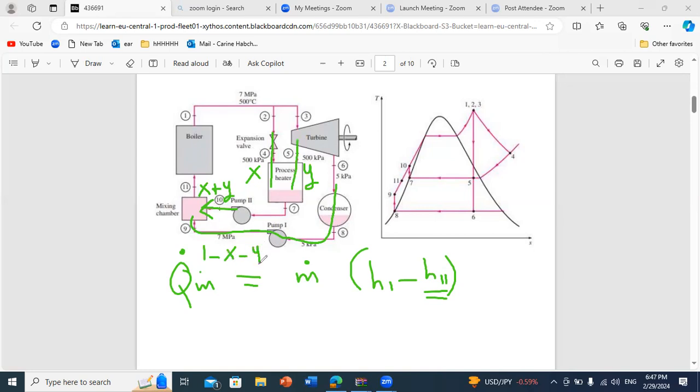Now, what will happen in the mixing chamber is very similar to the process heater. The only difference is that in the process heater you have heat extraction. When you mix 4 and 5, you will take a part of their energy and extract it to another fluid or liquid.